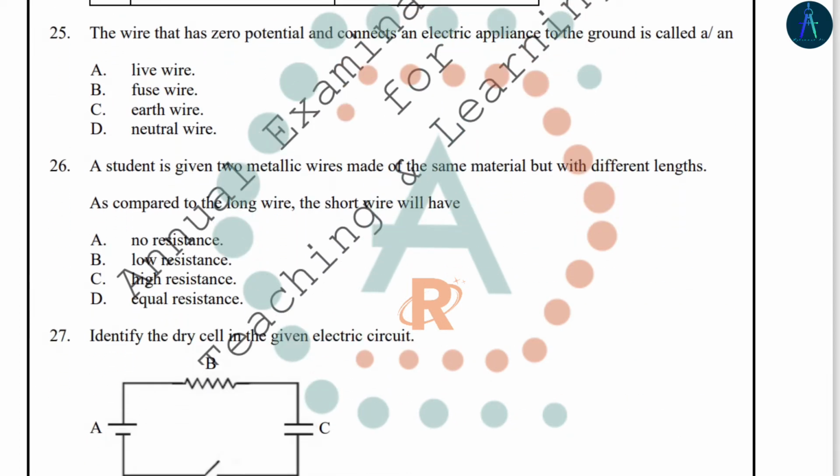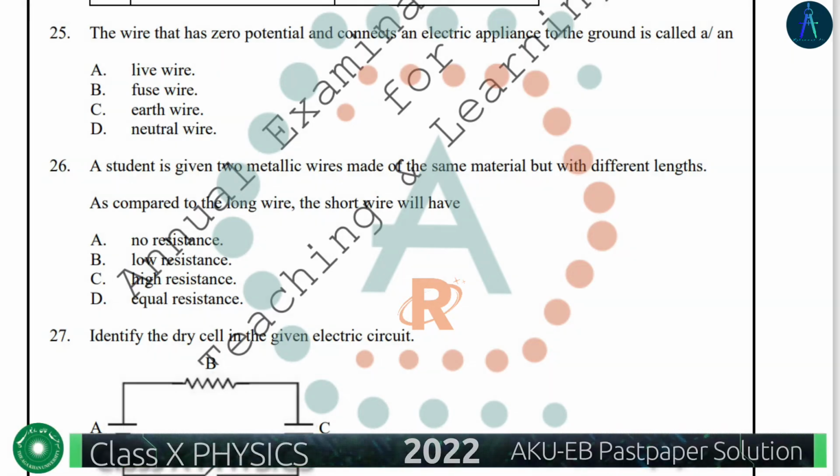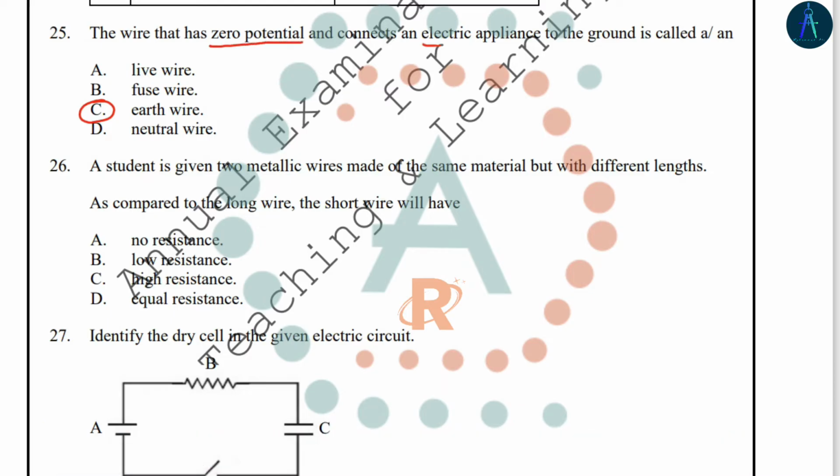The wire that has zero potential and connects the electrical appliance to the ground is called the earth wire. It has zero potential and is connected from the electrical lines to the ground.